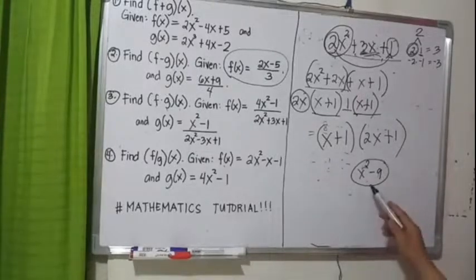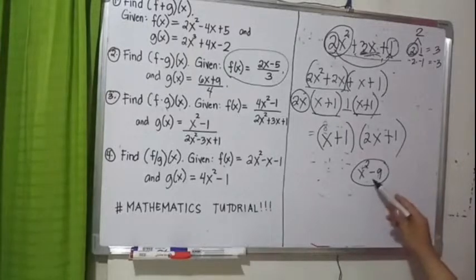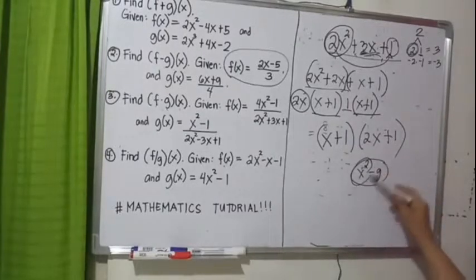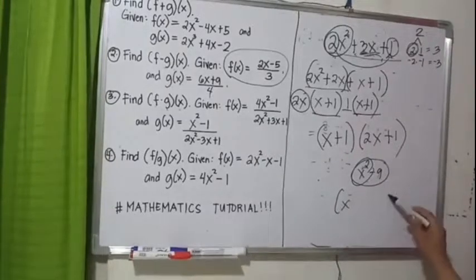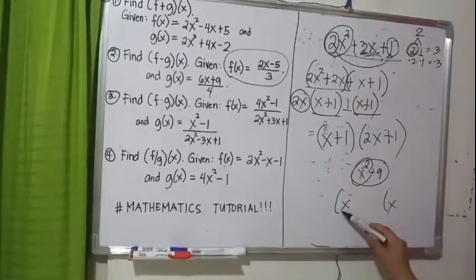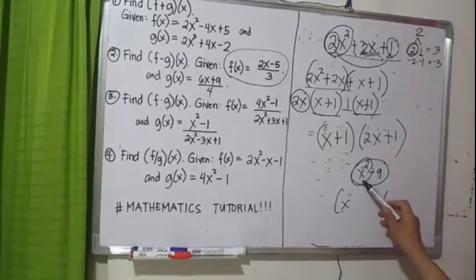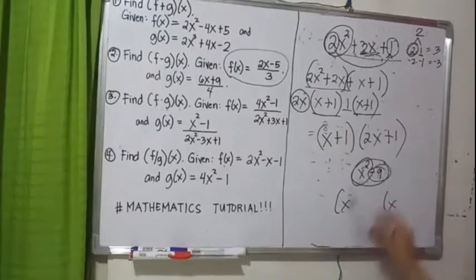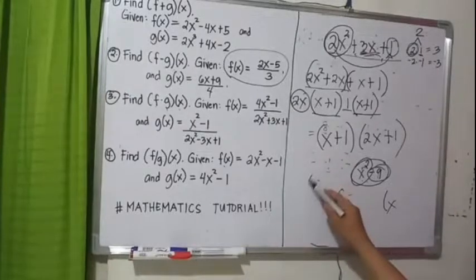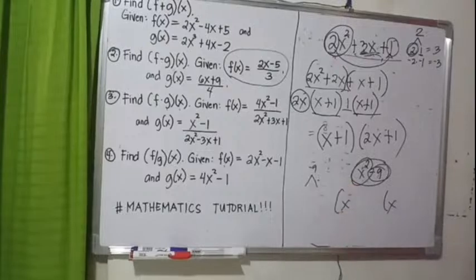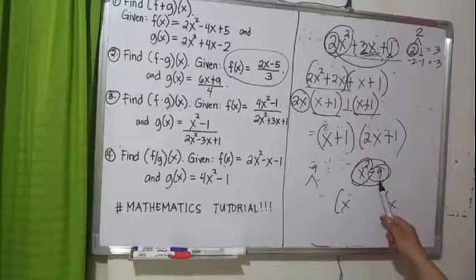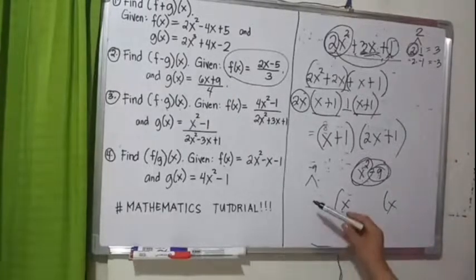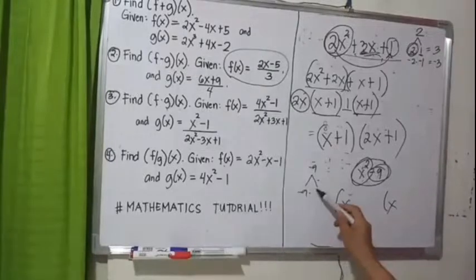Okay, so this one, x squared minus 9. So ito, ang factor ng x squared is x times x, so that is x squared. Then how about negative 9? Ano yung factor ng negative 9? What are the two numbers that if you multiply, the result is negative 9? The factors are negative 9 times 1, diba?